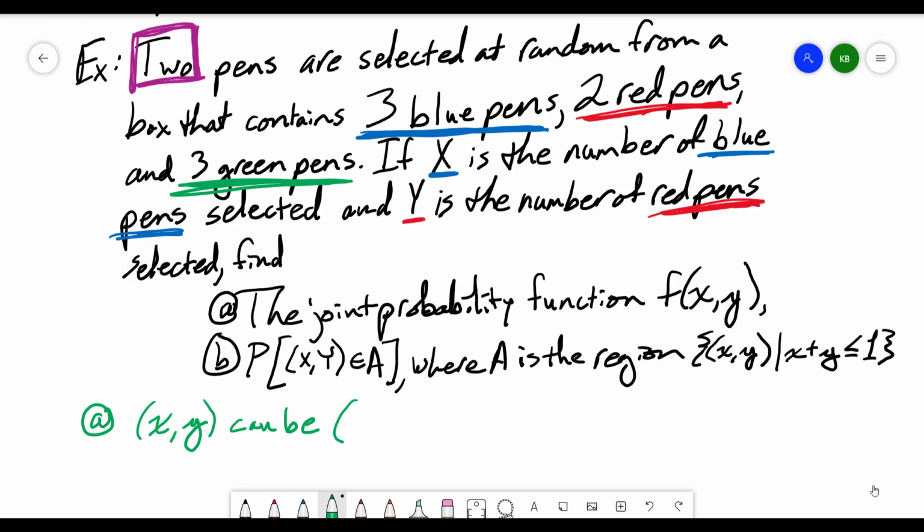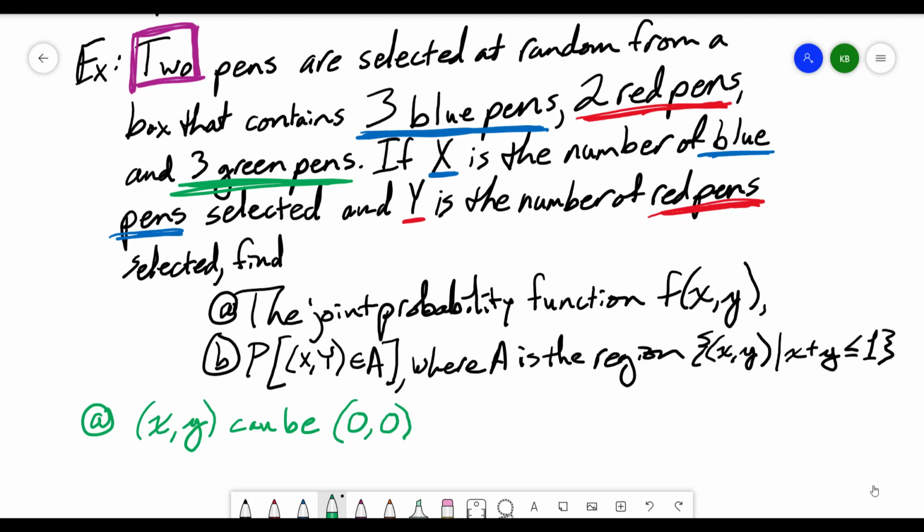If that's the case, then I will pick 0 blue pens and 0 red pens. There are enough blue pens in the box that I could select both pens as blue, and there are also enough red pens that I could select both pens as red. So my values for my random variables are going to be anything from 0 to 2.